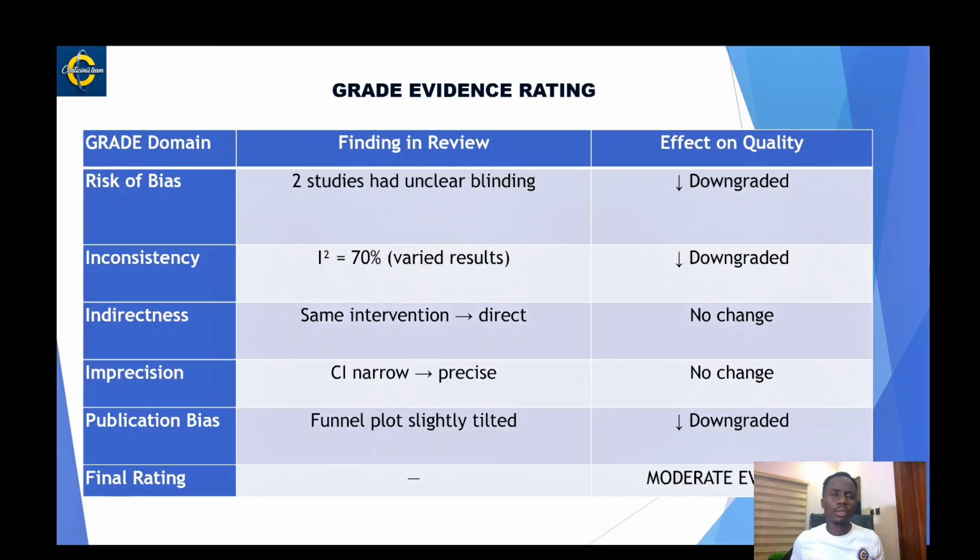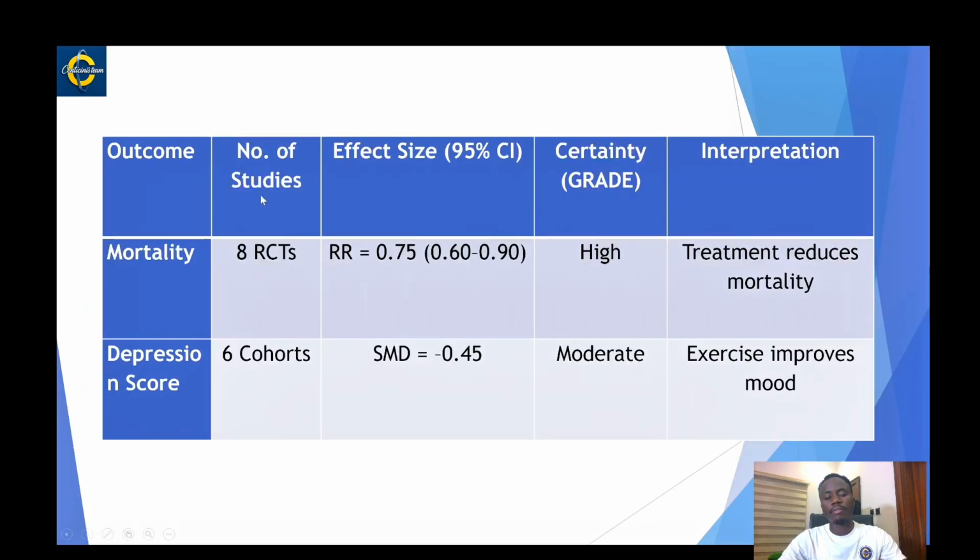Sometimes we want to make comments about the intervention of a particular meta-analysis, so we have to comment and be sure that it goes in line and is consistent. Then indirectness is same intervention but different direction. The final rating is where you get all these things together, as well as your publication bias being accounted for. So this is how you're going to present it.